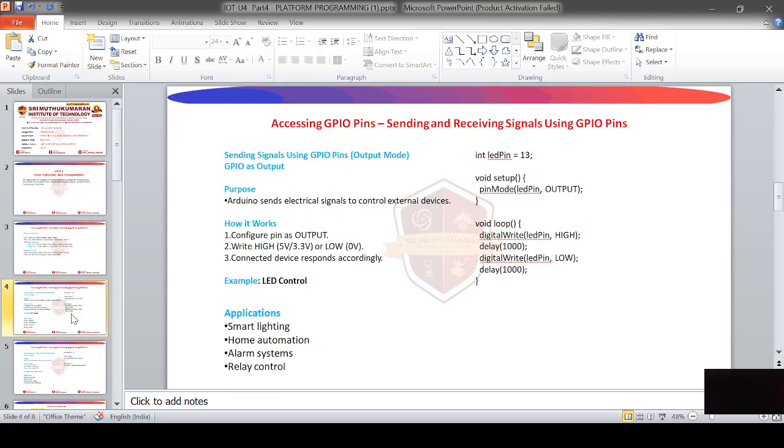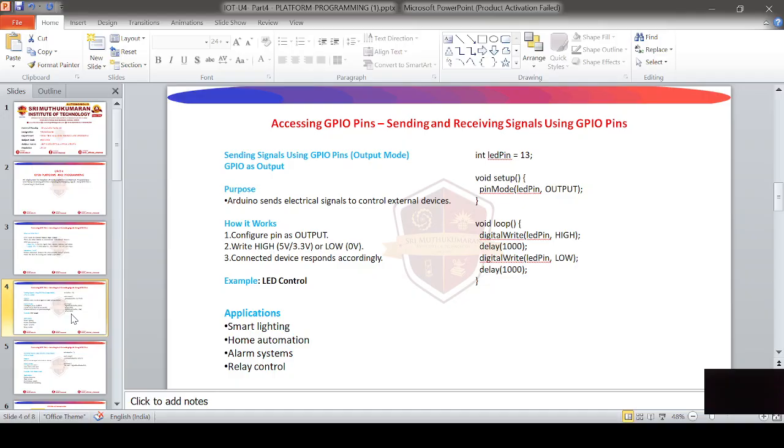Now we are going to see how it acts in output mode. The purpose is that Arduino sends electrical signals to control external devices. How it works: configure any pin as OUTPUT, in capital letters, and write HIGH. HIGH, in capital letters, means 5 volt or 3.3 volt.